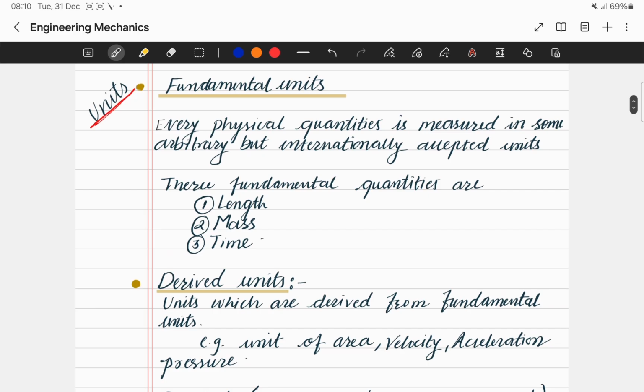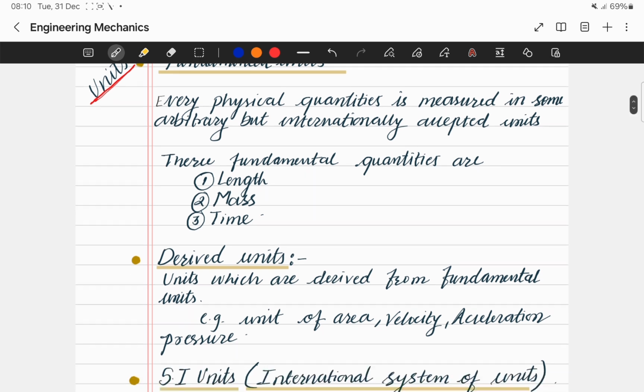For fundamental units, we should know what the fundamental quantities are. If we consider length, mass and time, these three are the basic fundamental quantities.